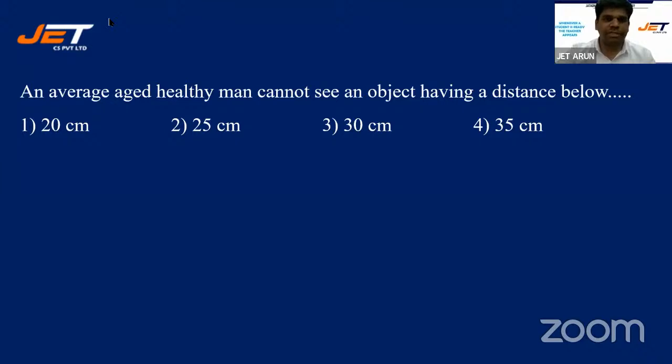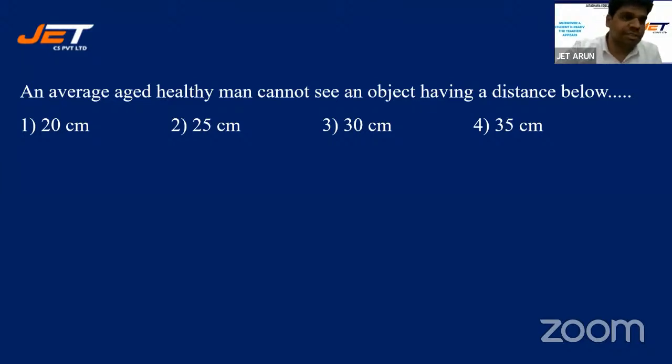An average aged healthy man cannot see an object having a distance below 20 centimeters, 25 centimeters, 30 centimeters, 35 centimeters. Okay, mixed response over here.